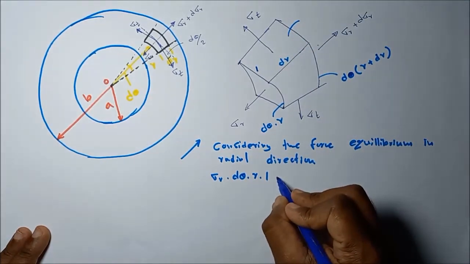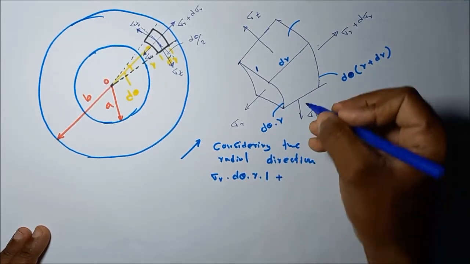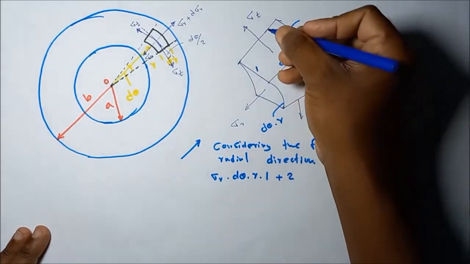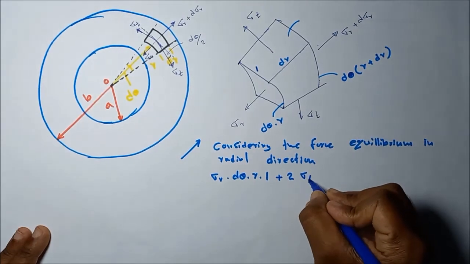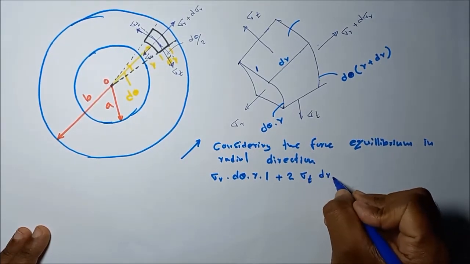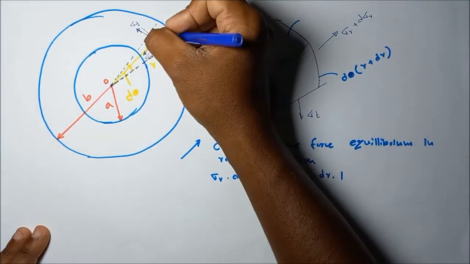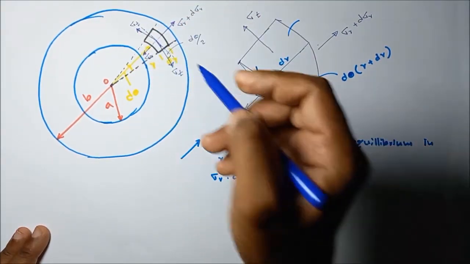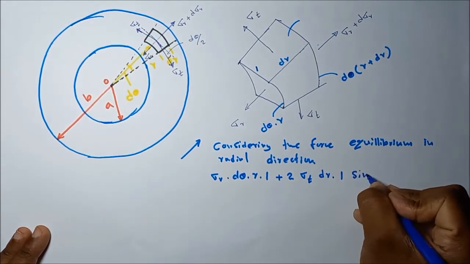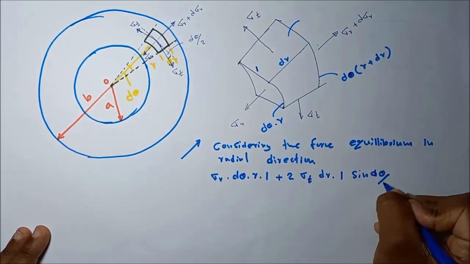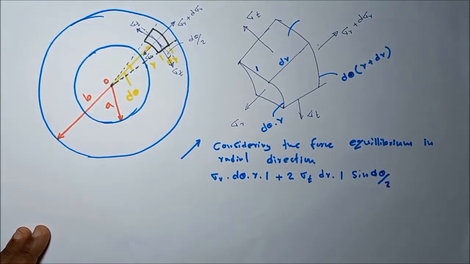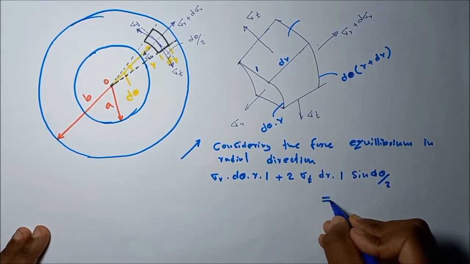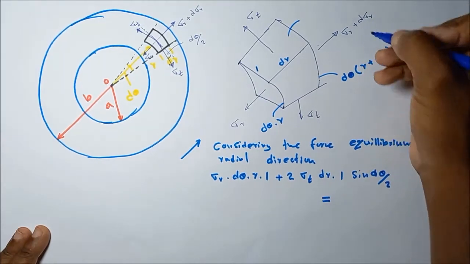Plus there are two faces, so the force is sigma t into dr into 1. Then we have to consider the residual component in the radial direction, sine d theta divided by 2, that is equal to the force generated by this stress element.